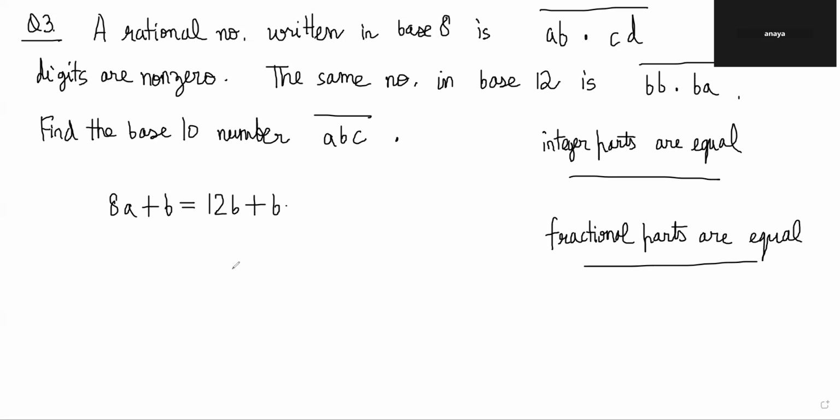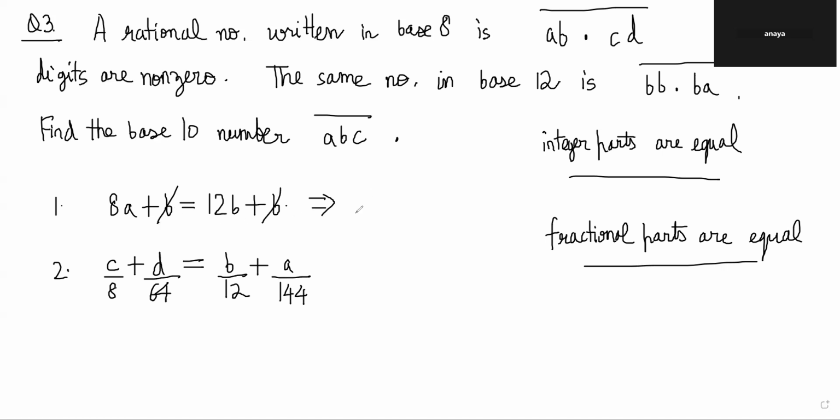You can later say also that C over 8 plus D over 64 must be equal to B over 12 plus A over 144. But this already gives you good information. From here, you can say that 2A is equal to 3B, and basically A is equal to 3B over 2.